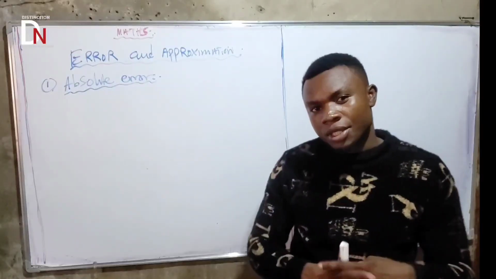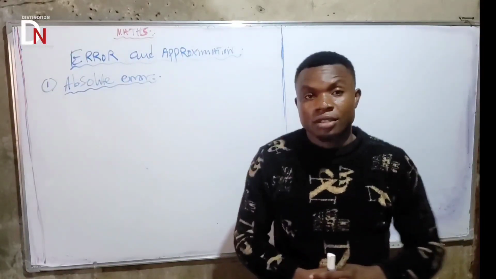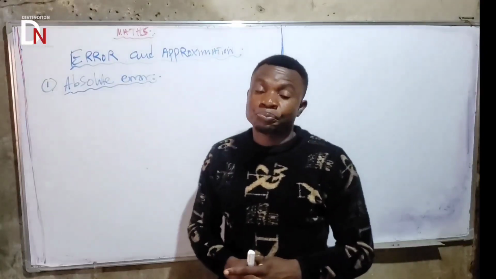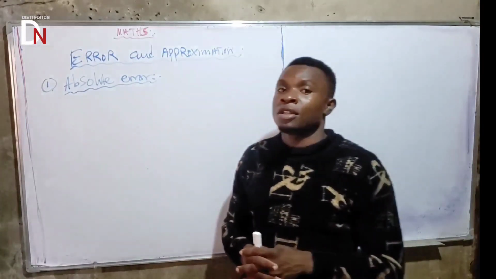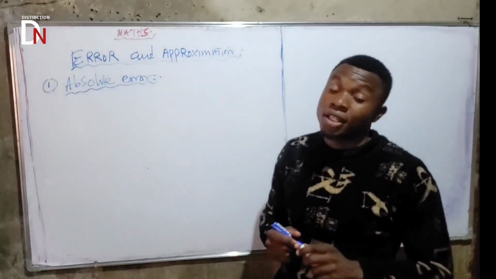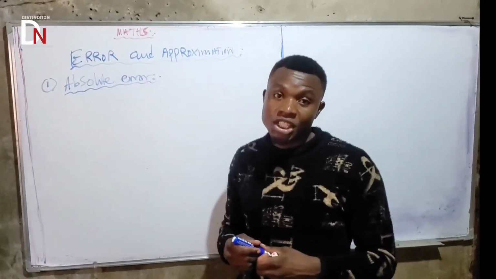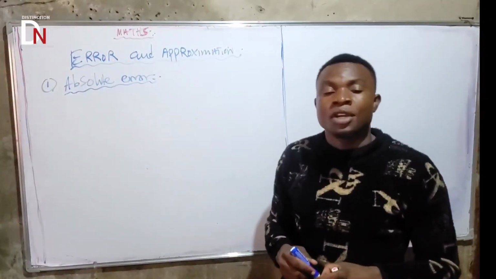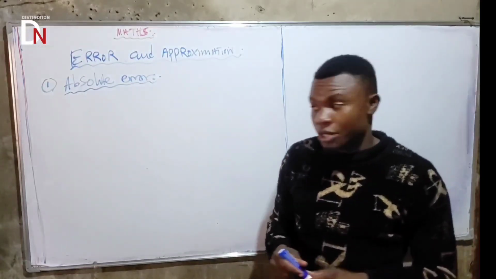An absolute error has different definitions, so I'll just give you basically two definitions. Absolute error, by definition, is half of the least unit of measure.